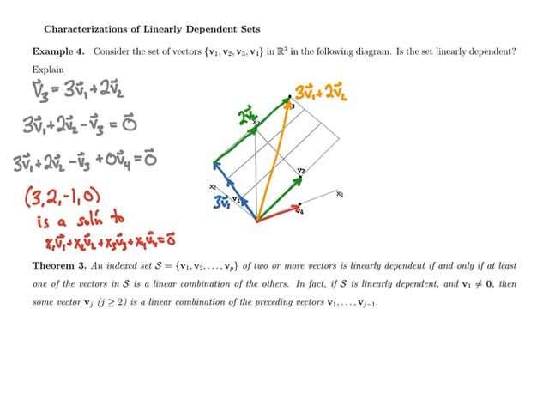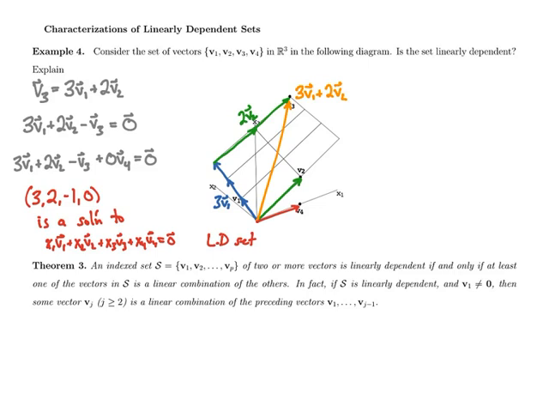And this is a non-trivial solution since they're not all 0, so therefore we have a linearly dependent set. Note that it didn't matter what v4 was at all, but since v1, v2, and v3 all were lying on the same plane, I could write one of them as a linear combination of the others.